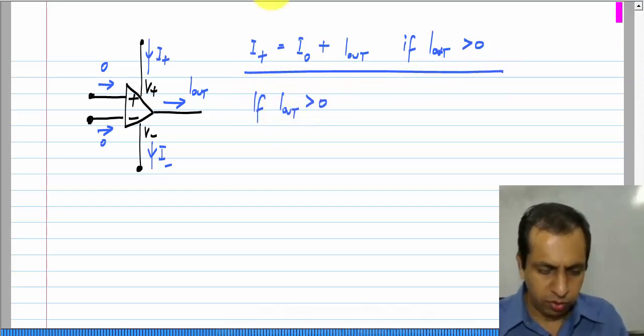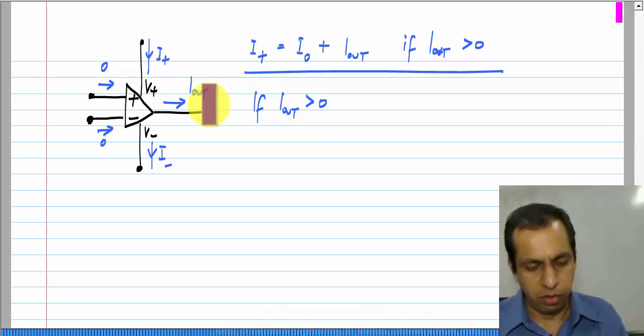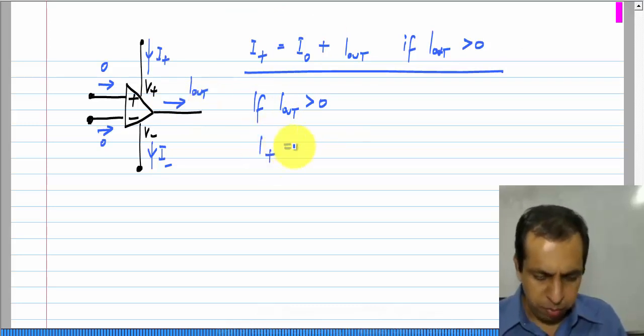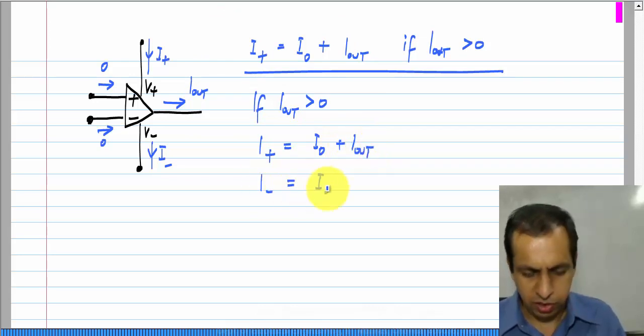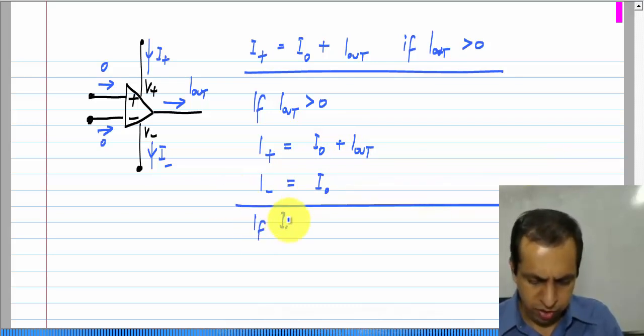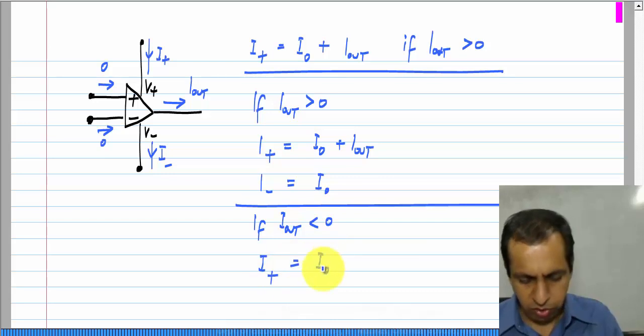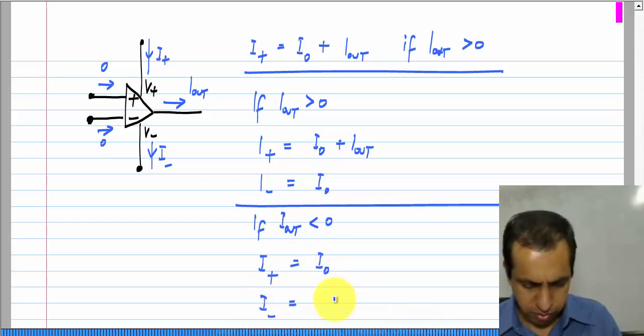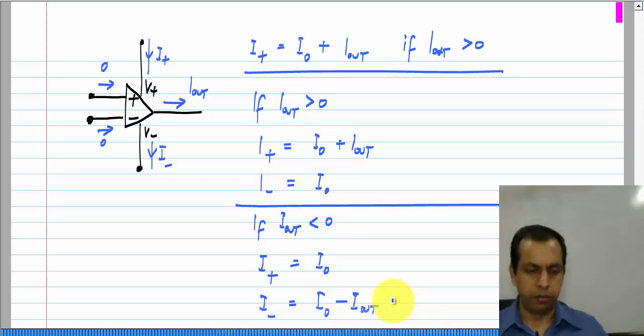If I out is greater than 0, that is, a positive current is coming out of the op amp, then I plus is I naught plus I out and I minus is just I naught. And if I out is smaller than 0, then I plus is just equal to I naught and I minus will be I naught minus I out. Okay.